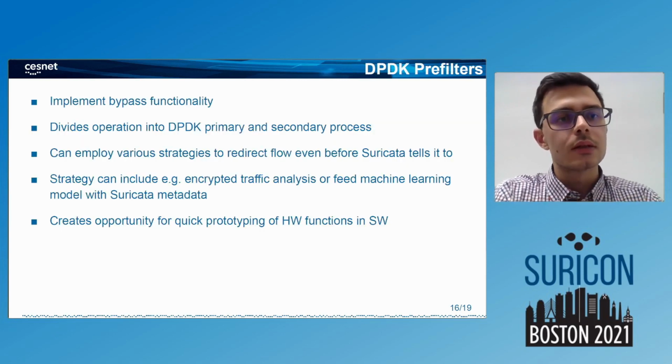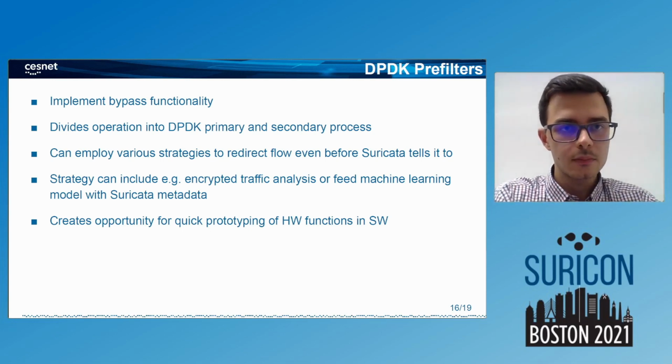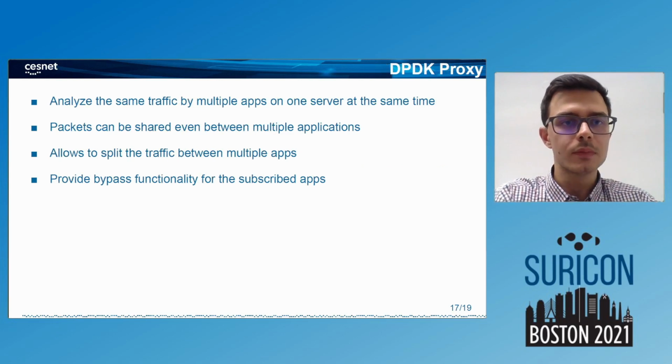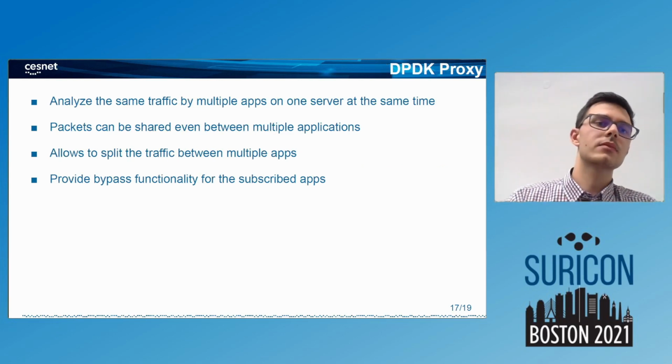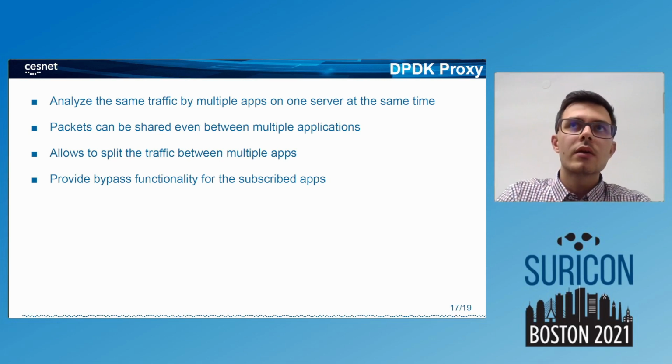Now, that is what I've described in this slide at the diagram, and I would move to the DPDK Proxy. DPDK Proxy builds on the concept of the DPDK prefilter, and kind of tries to enhance it in some ways.